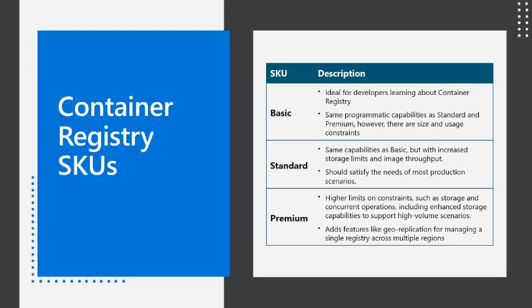Premium adds features like geo-replication for managing a single registry across multiple regions, maintaining a network-close registry to each deployment. So I hope it's clear with the container registry SKUs.